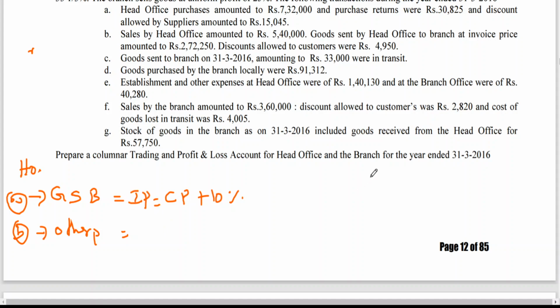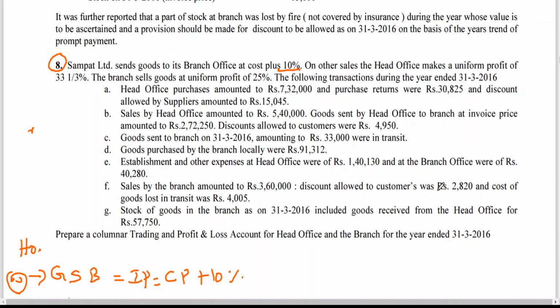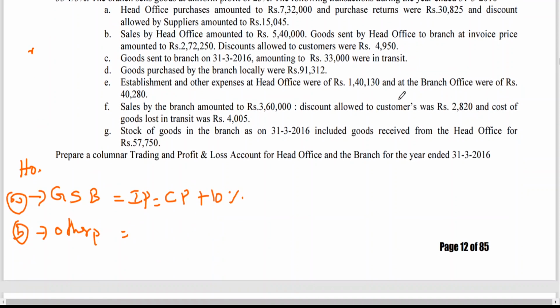Clear to all of you? Whereas for others, head office makes a uniform profit of 33 1/3% on other sales. So others, 1/3 profit on sales.